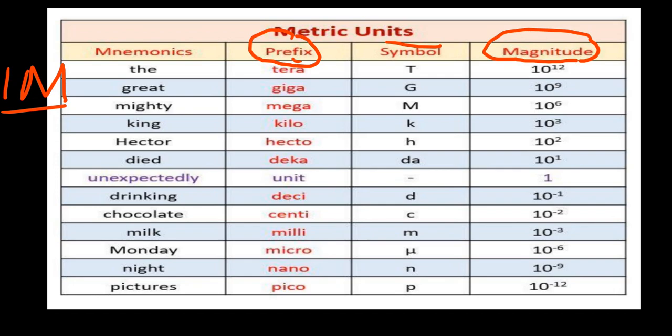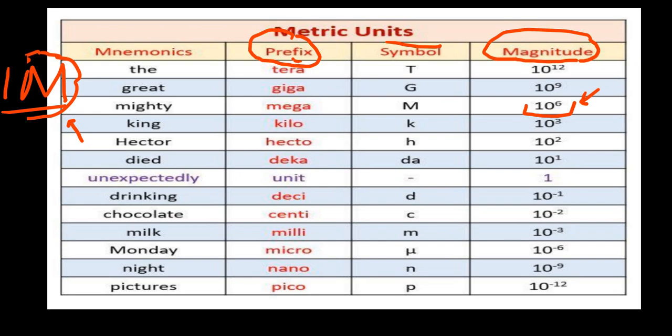This M from that Facebook post or from your TikTok, I know most of you love TikTok, is a prefix. That means mega, and it has a value attached to it. The value attached to that M is simply 10 to the power 6, and 10 to the power 6 is the same as 1 million. There are a lot of prefixes, as you can see here, and each of them has a different value.